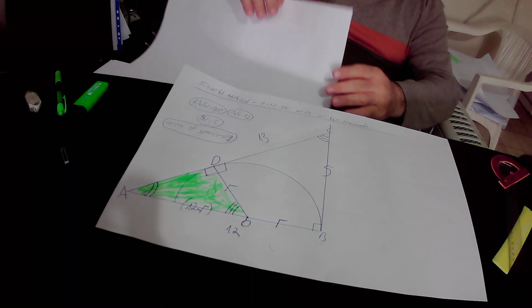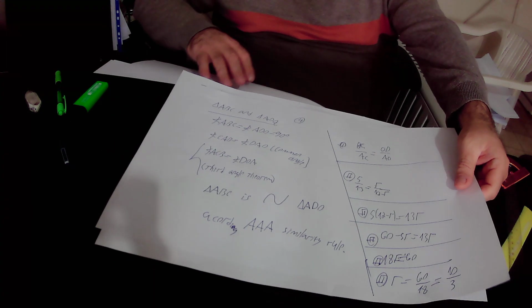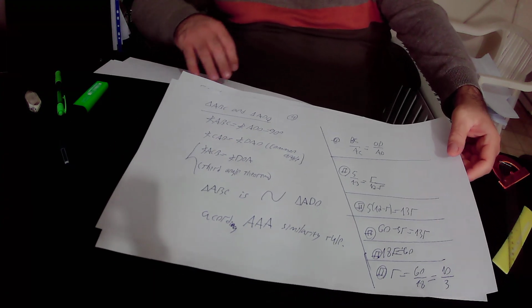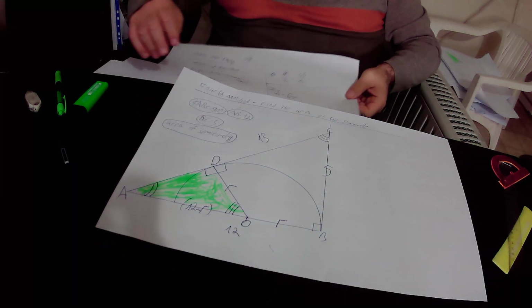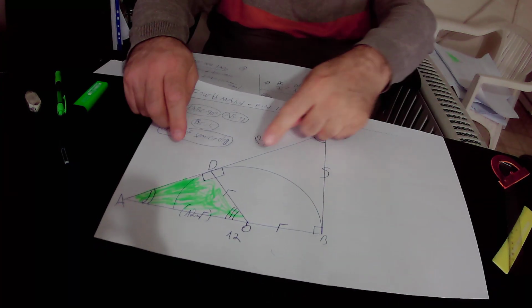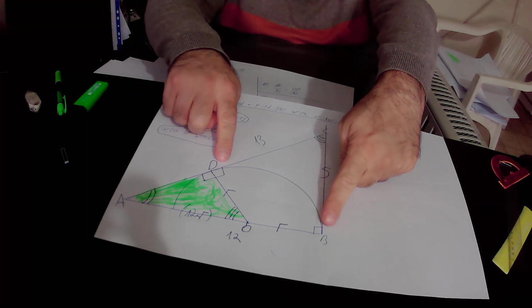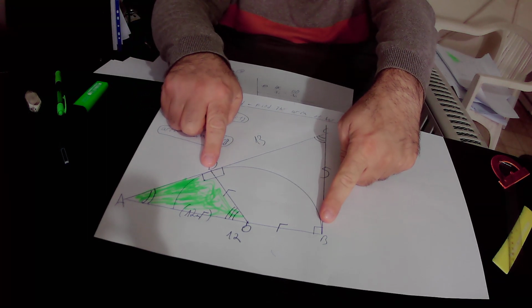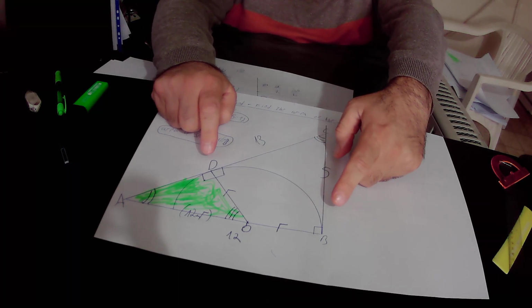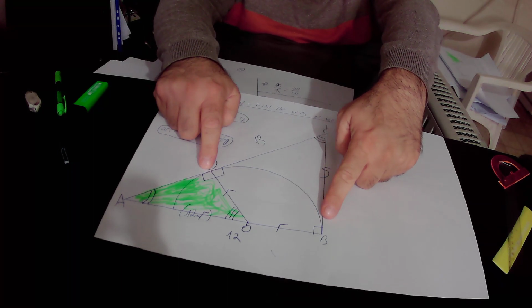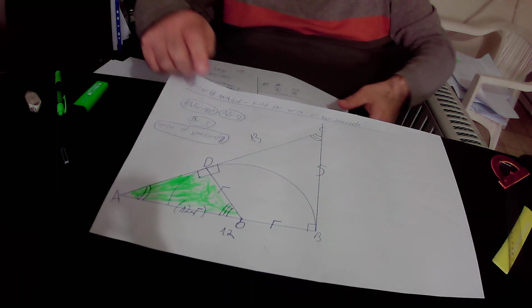Then we actually prove that triangle ABC is similar to triangle ADO. Why are they similar to each other? Because we have those two angles, they are both right angles. So we prove that the small right triangle is similar to the big triangle, triangle ABC. We have those two angles that are both right angles, therefore they are equal to each other.